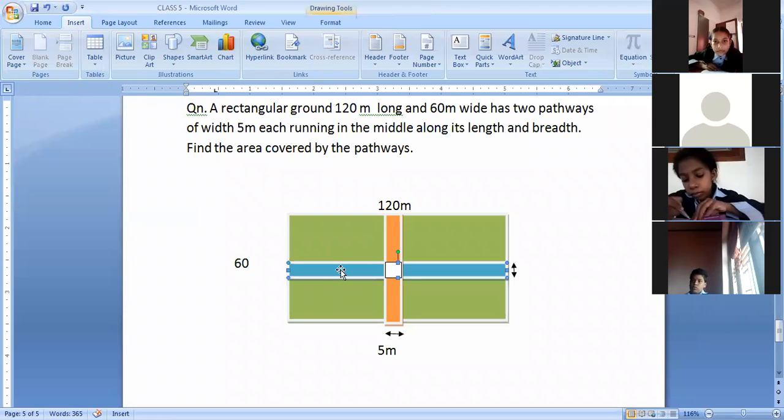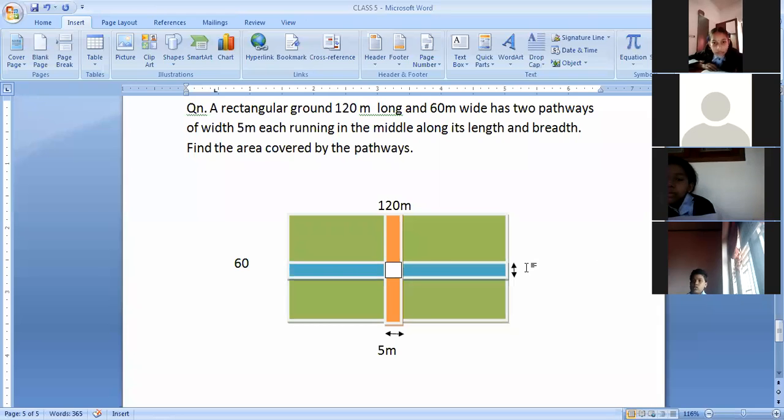Here is the blue color pathway. We can find the area of that pathway, right? What is the length of this blue color pathway? 120 meters is the length of that pathway.